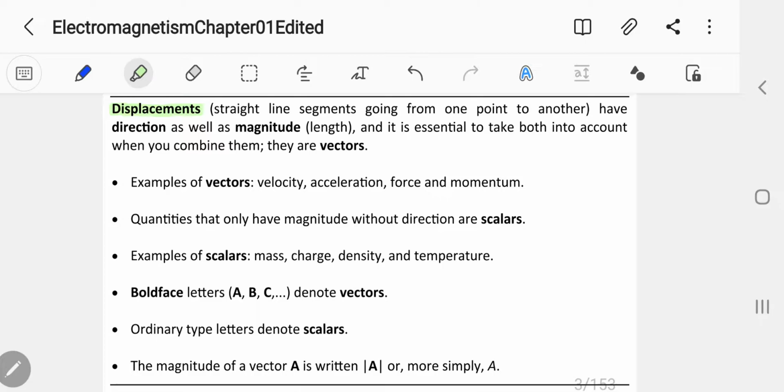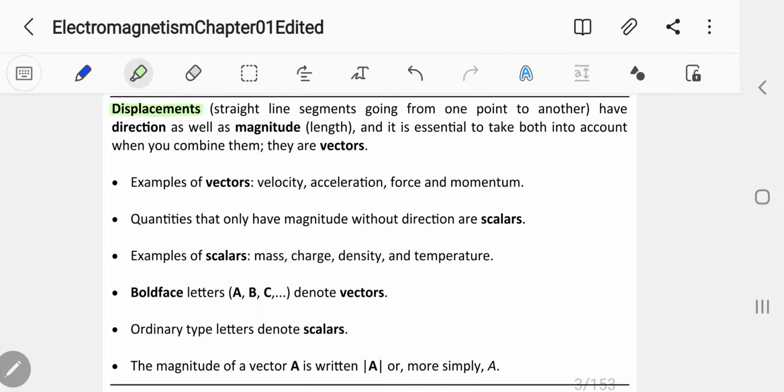The magnitude is the length of the straight arrow. Actually, vectors are represented by arrows, as you can see in the previous slide. Examples of vectors are velocity, acceleration, force, and momentum. These quantities have both magnitude and direction.